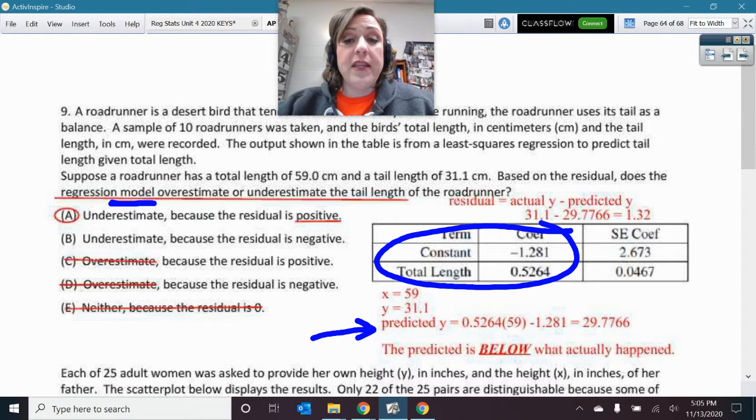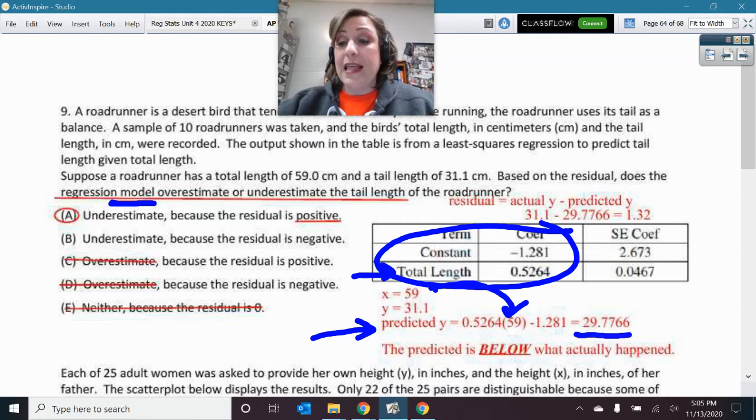All right, and so then they said the total length, which is the x variable, is 59. So that meant that I took that 59 and I plugged that into the prediction equation to get the predicted tail length. We were predicting the tail length. So that's the predicted y.